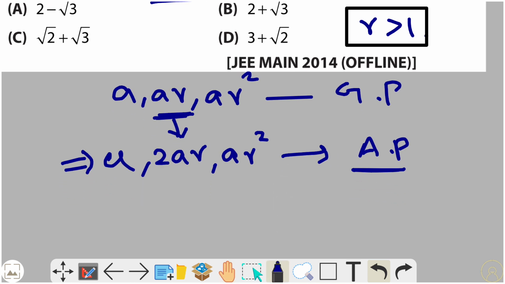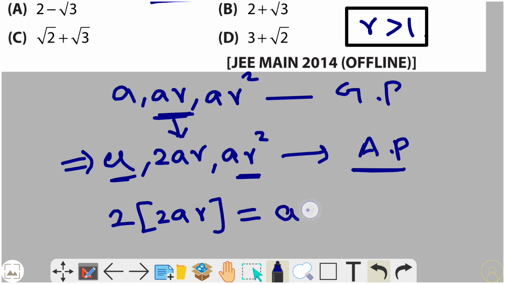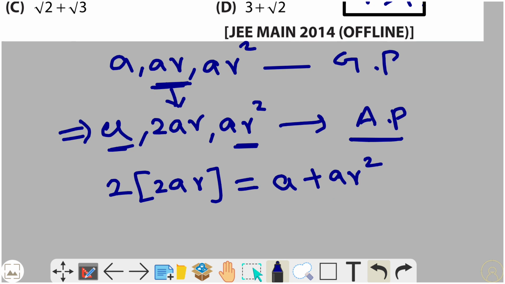Now we all know that 2 times the middle term of an AP is equal to the addition of the other two terms, A plus AR square. Now we need to find the value of R, the common ratio of the GP.